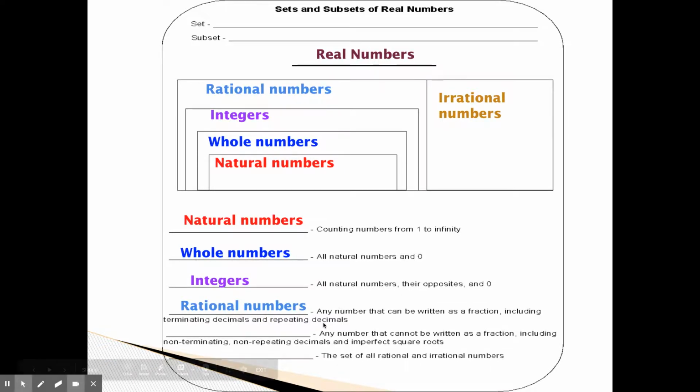Now basically the opposite of that: any number that cannot be written as a fraction, including non-terminating, non-repeating decimals and imperfect squares, we call irrational numbers. And then the set of all rational and irrational numbers are our real numbers.